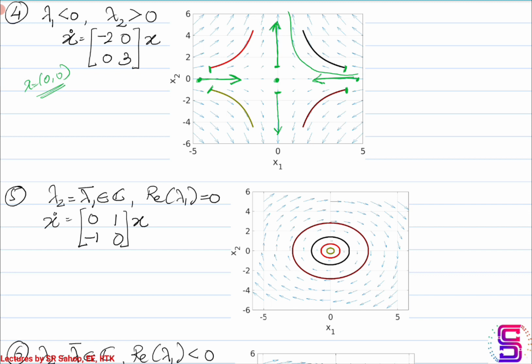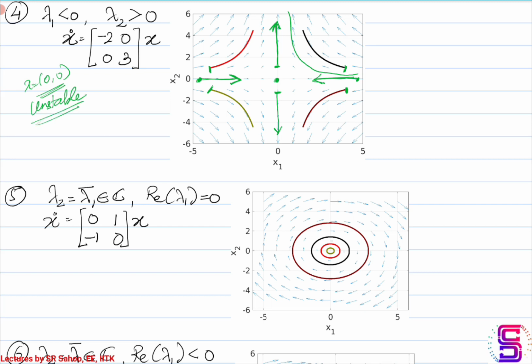Okay, so this equilibrium point 0 0, what do we call it? Do we call it a stable equilibrium point or an unstable equilibrium point? This is an unstable equilibrium point because there is at least one direction in which the trajectories are moving away from the equilibrium point. But there is a peculiar nature here.